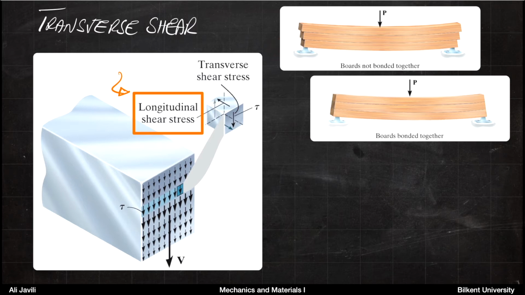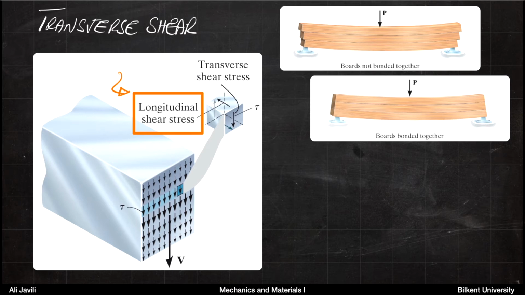Now, if you want them to stay on top of each other, if you want them to stay perfectly bonded, you need to basically glue them together along these lines. So this simple example shows that although you apply a force in the vertical direction, you get a debonding of the boards in the tangential direction.